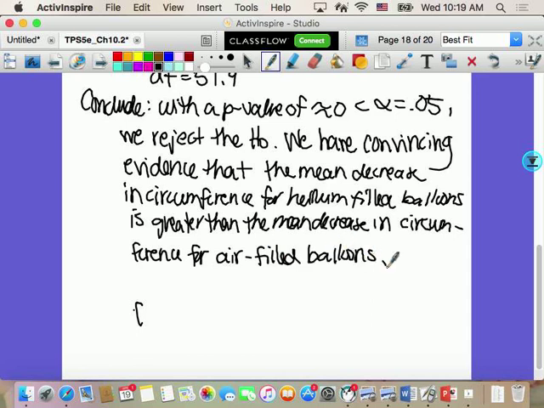It's a lot more writing. Again, if you had all your wits about you, and you remembered this, you could just go back up to the part where it says, do these data provide convincing evidence that helium-filled balloons deflate faster than air-filled balloons? And you could say, we have convincing evidence that helium-filled balloons deflate faster than air-filled balloons. Okay? Or, we do not have convincing evidence that, if we had not rejected the H0. All right.